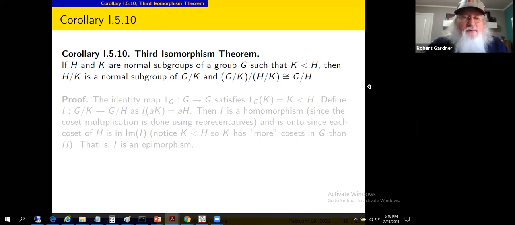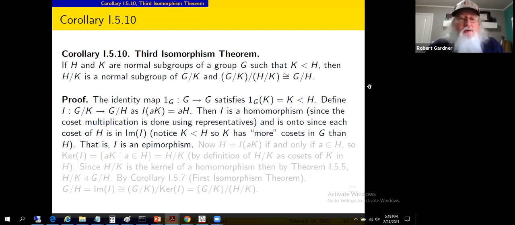Now for the proof, I think it's only one slide long. First, the identity map. The identity map takes G into itself, and it takes K to K, which is a subgroup of H. Define I of G mod K mapped into G mod H as I of aK equals aH.